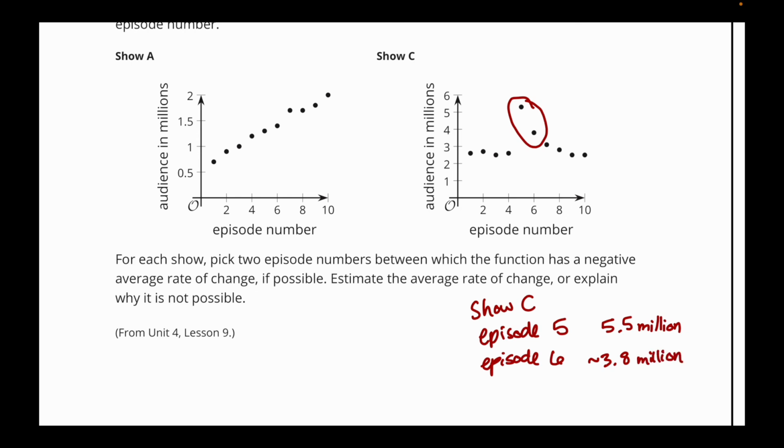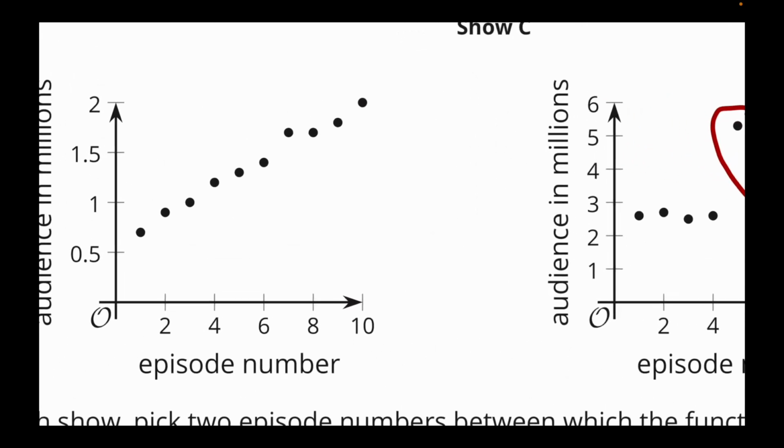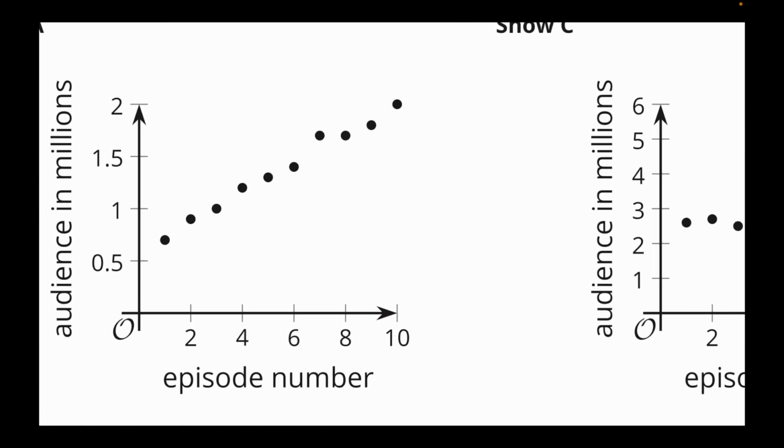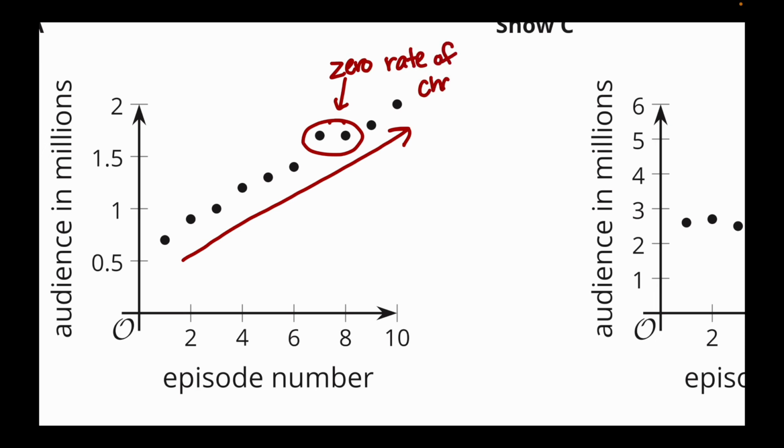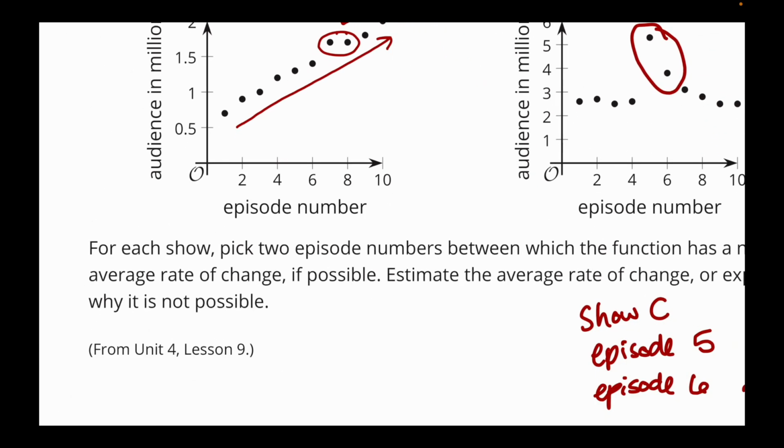But it's definitely below. Now for this one here, I actually do not see a place where there's a negative rate of change, because the only place that comes close is right here. Otherwise, the show has positive growth, and this is 0 rate of change. So show A is not possible.